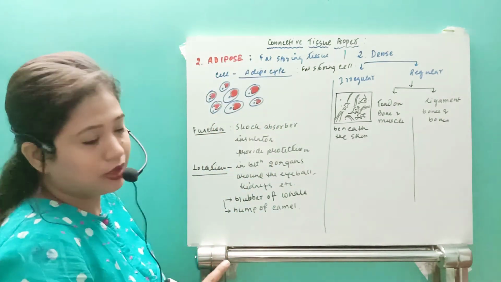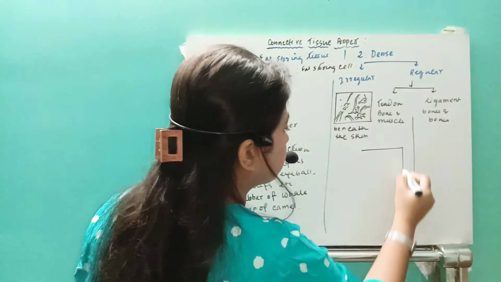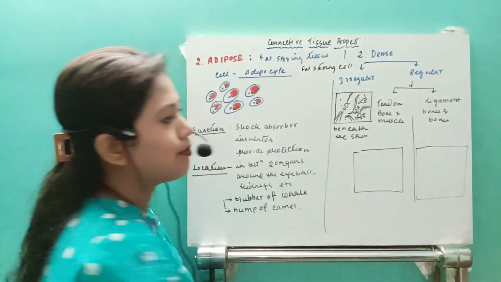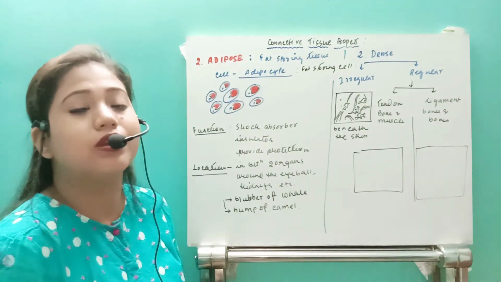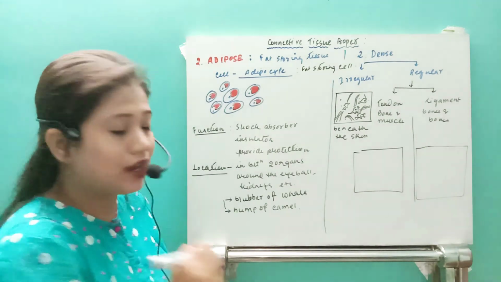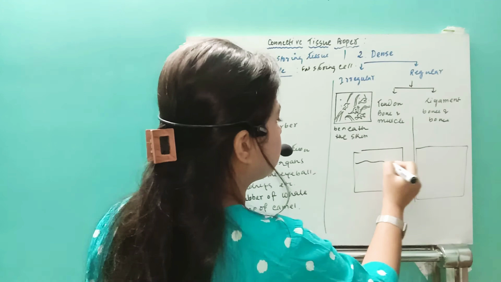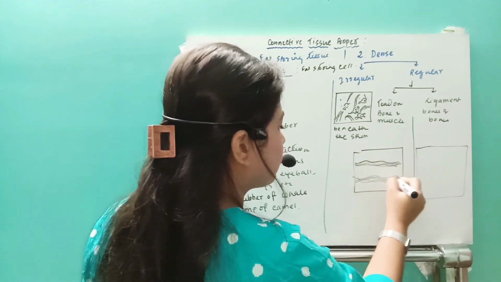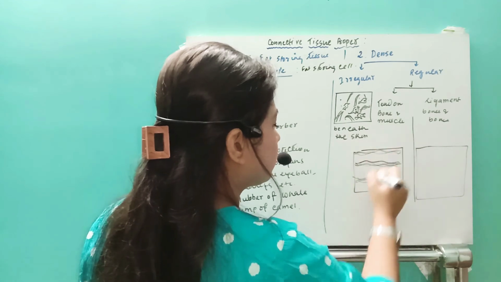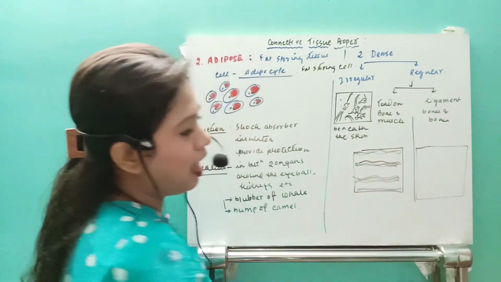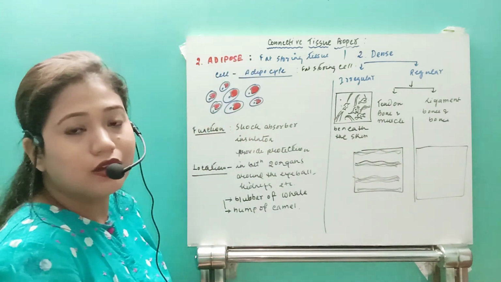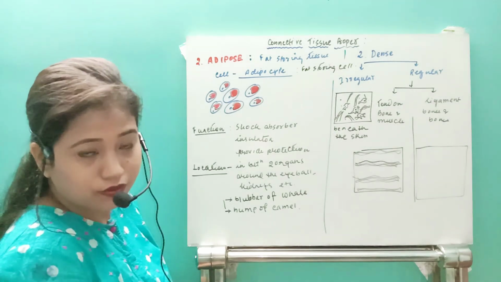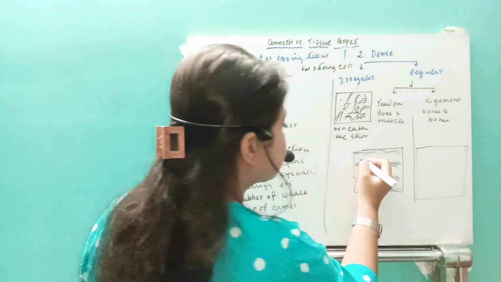Tendon and ligament. See, if it comes to the tendon, then basically it is going to have a type of fiber, and that fiber is the white fiber which is found in bundles, right? So it is found in bundles like this, present parallelly. Okay, and in between this parallel white collagen fiber, what is going to be present? The fibroblast cell.